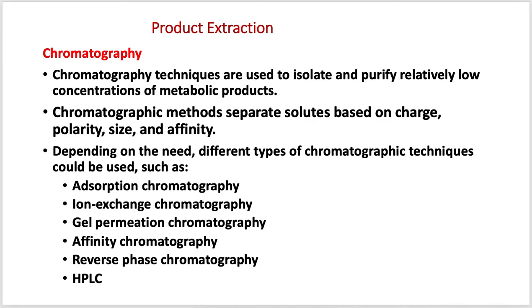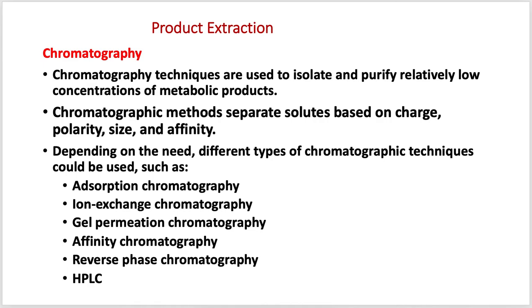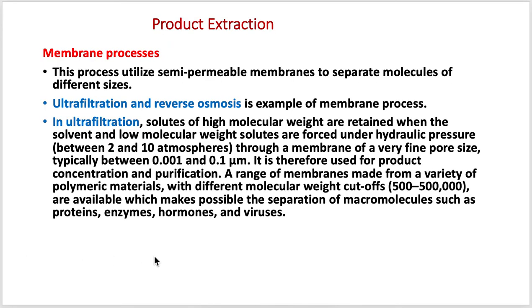We learned about solvent recovery and chromatography. Then another method, the membrane process. By the name we can guess that in this method, membranes are used which have semi-permeability. All membranes have semi-permeability, because membranes have a defined pore size.